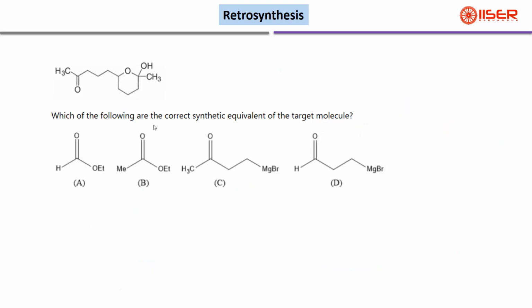Which of the following are the correct synthetic equivalent for the target molecule? Among these four, there can be more than one also. So you have to plan the retrosynthesis of this one first to get an idea about the synthetic equivalent.